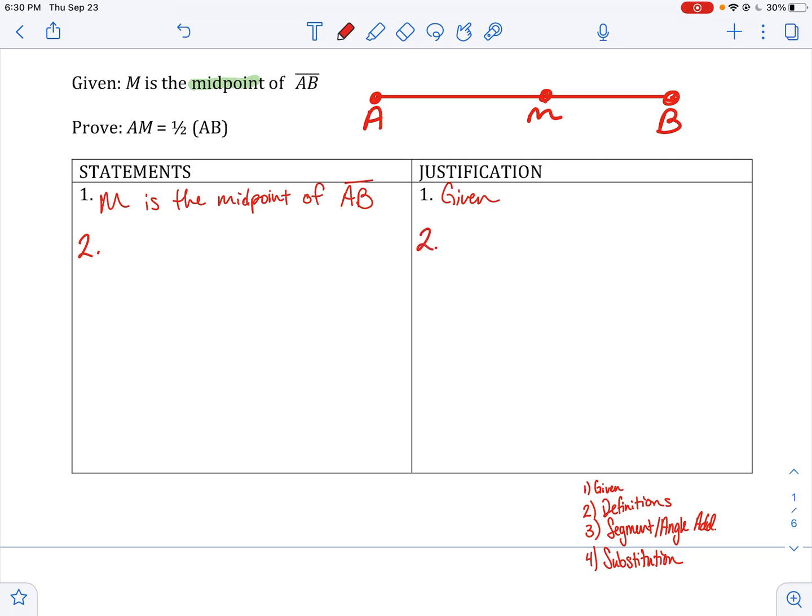But what does it mean to be a midpoint? If M is the midpoint, that means that AM and MB must be equal. So AM must equal MB by the definition of midpoint. So if AM equals MB, M is the midpoint. If M is the midpoint, AM equals MB.